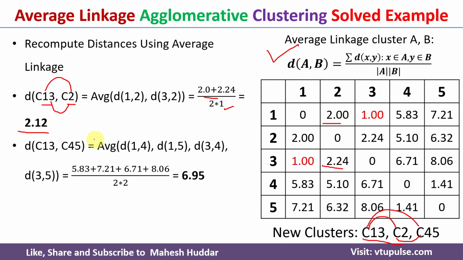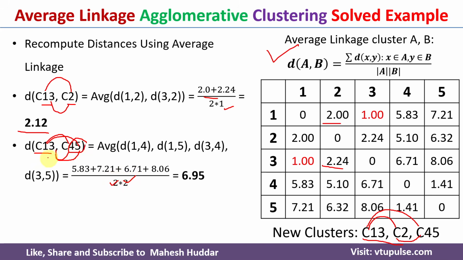Next, I will consider the next pair, that is between C13 to C45. So the average distance between the data points 1 to 4, 1 to 5, 3 to 4, 3 to 5. We have to put all the required values, divided by the length of the first cluster, that is the number of data points in the first cluster, which is 2, and the number of data points in the second cluster, which is 2.